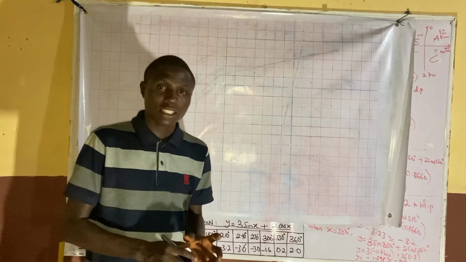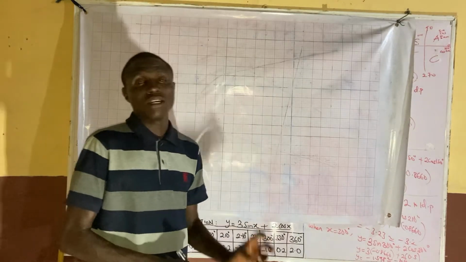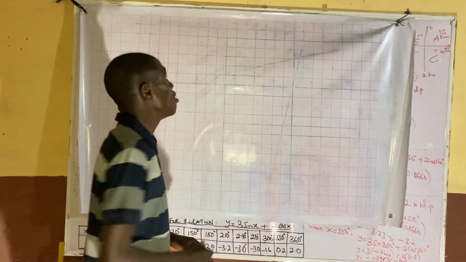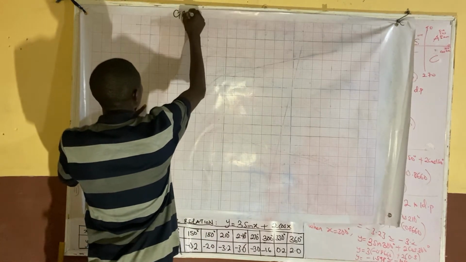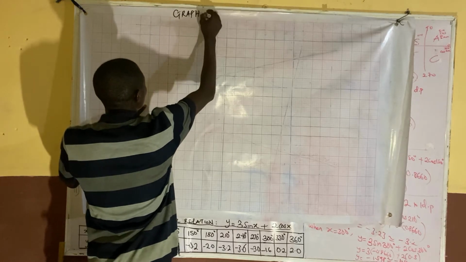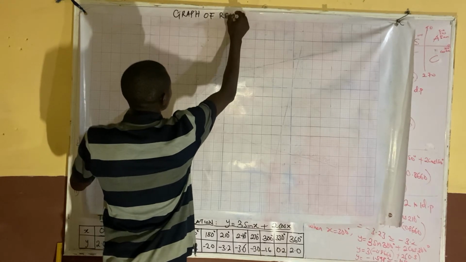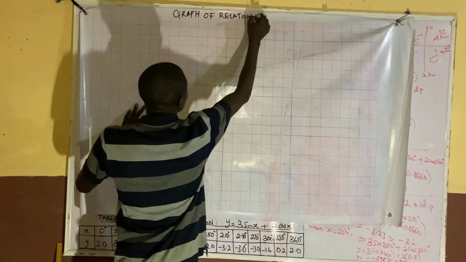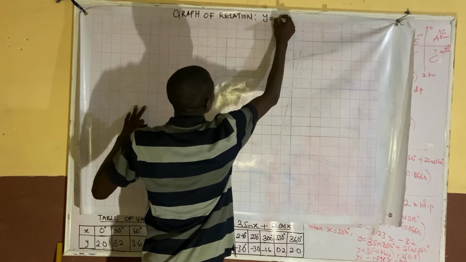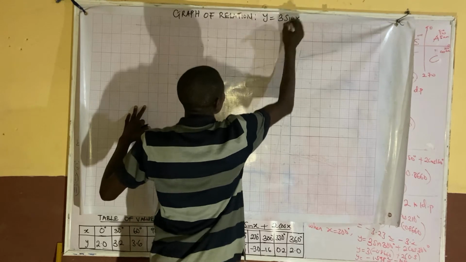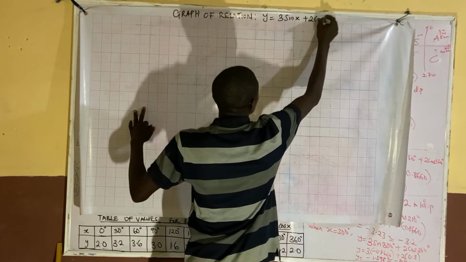Now the question says we should use a particular scale. So the first thing is to write the title and the scale for the graph. The title of the graph is: Graph of relation y equals 3 sine x plus 2 cos x.